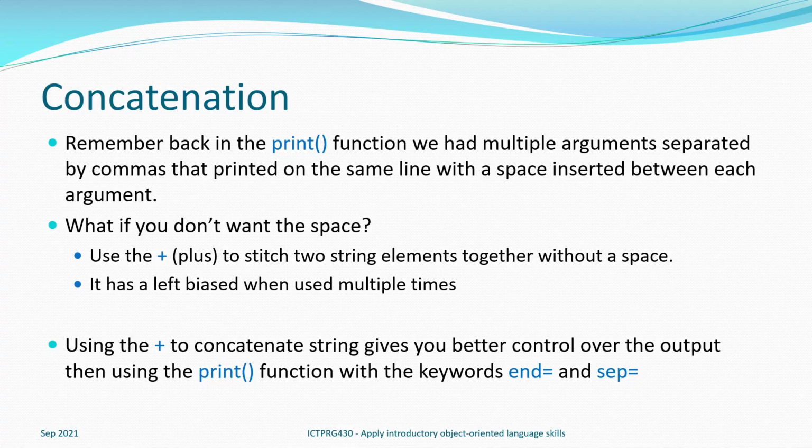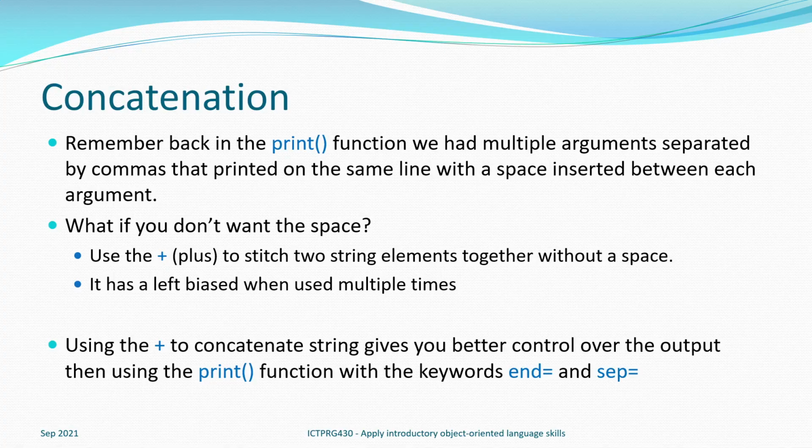If you remember back when we were talking about the print function and that the arguments add a space, if we just use a plus symbol instead of the commas, it's going to do something a little different. It's going to actually stitch those values together without a space.